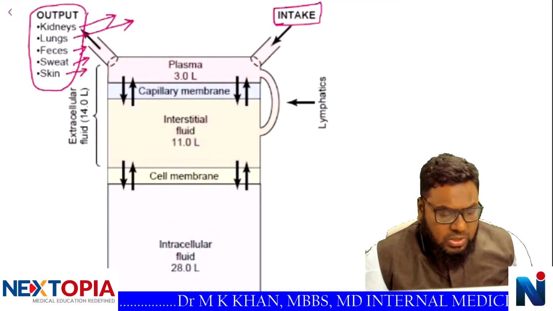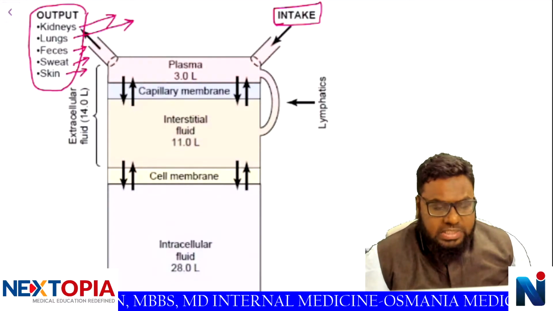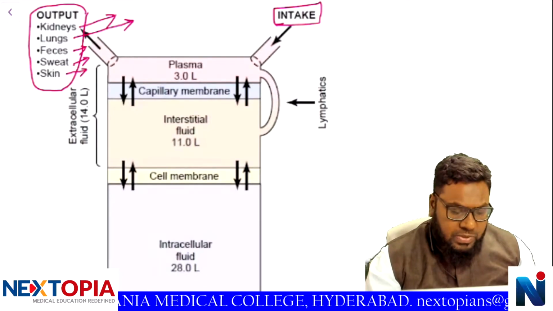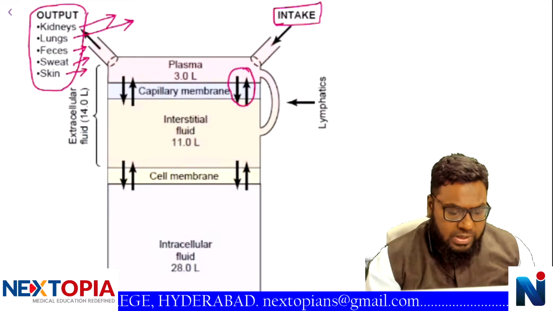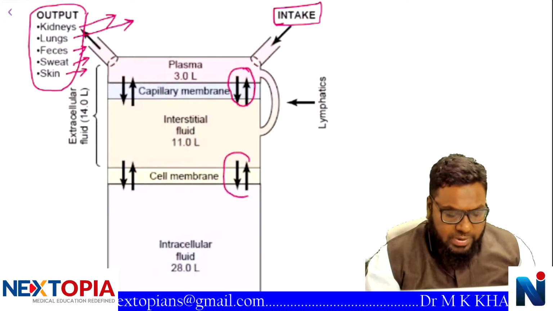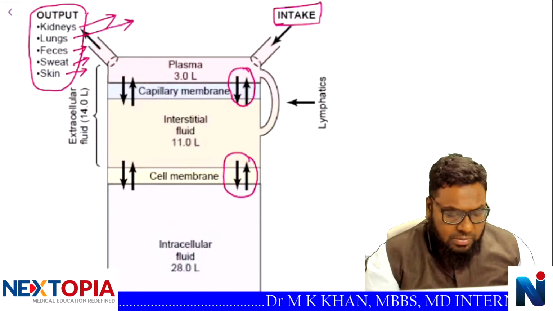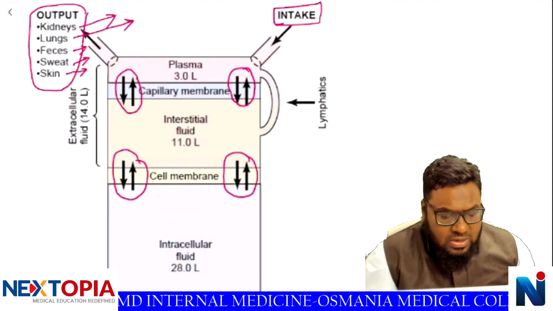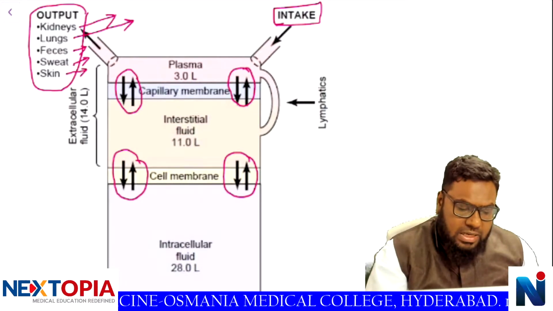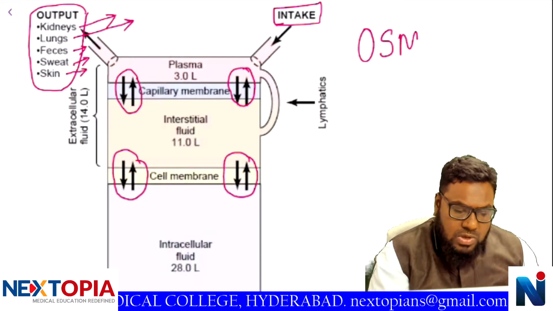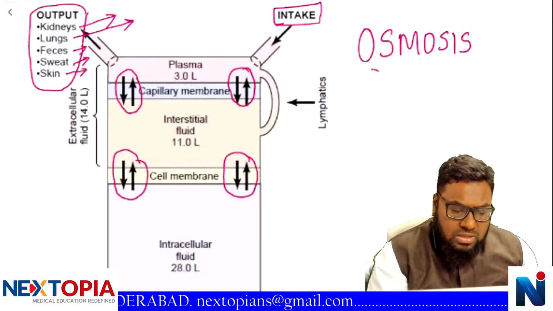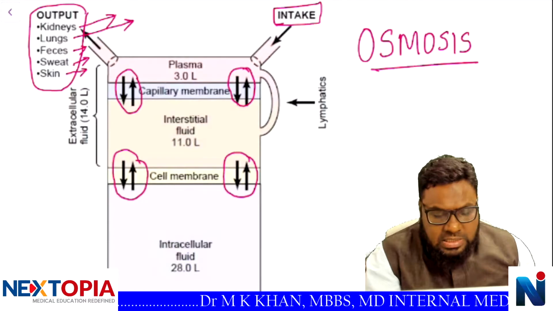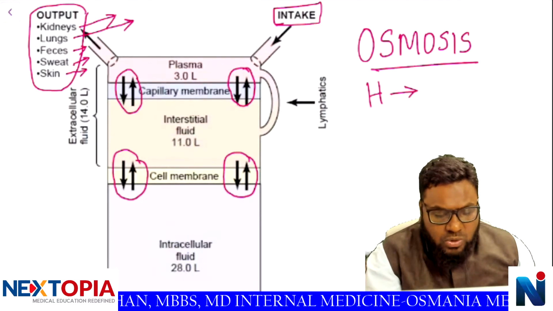So this intake and output determines the movement of water across our body. From the plasma, the water is moving into the interstitial fluid. From the interstitial fluid, water moves into the intracellular fluid. From the intracellular fluid, again water moves to the interstitial fluid, then again to the plasma. This is all happening because of an important property called osmosis. Osmosis is movement of water across a membrane, and what determines the movement is the concentration, from high concentration area to low concentration area.